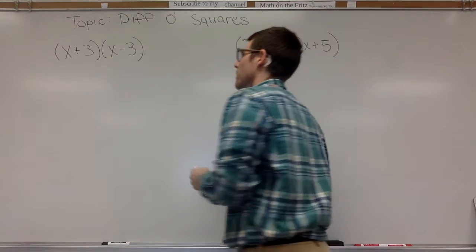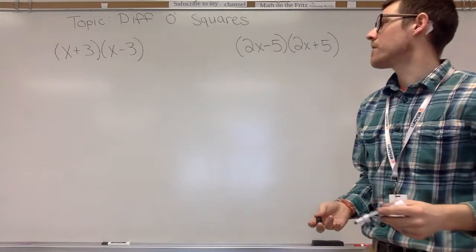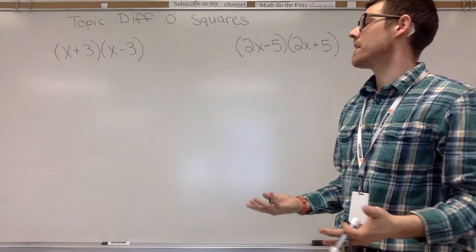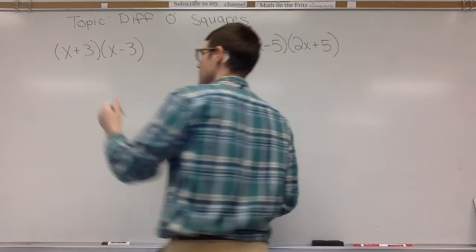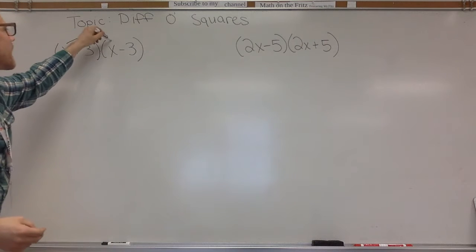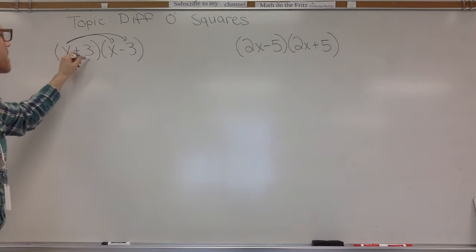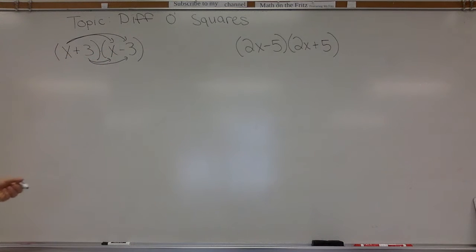If I were trying to multiply these two groups together, I would either have to use the visual method, the area model, or I might just recognize this is distributive property a couple of times. So I could say distribute this x to both places, distribute this 3 to both places, and essentially I'm going to have 4 products.